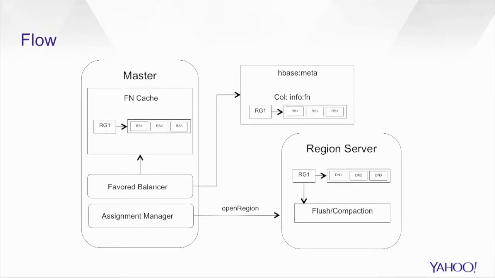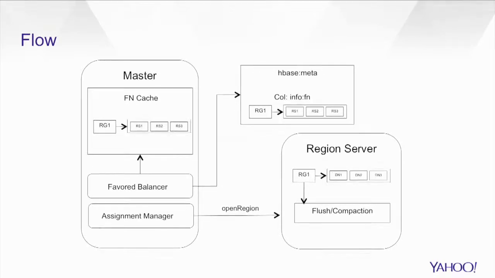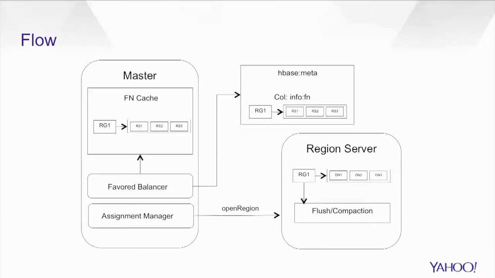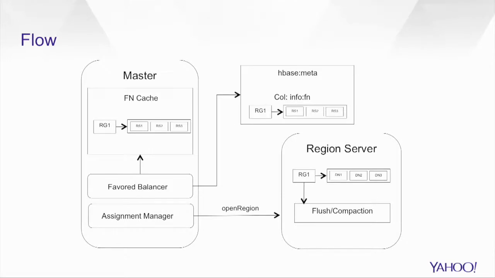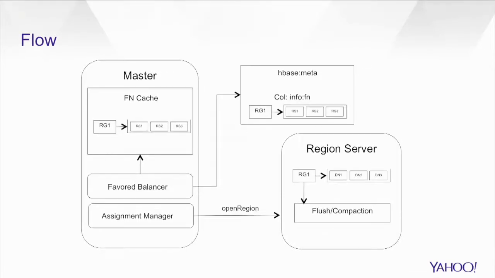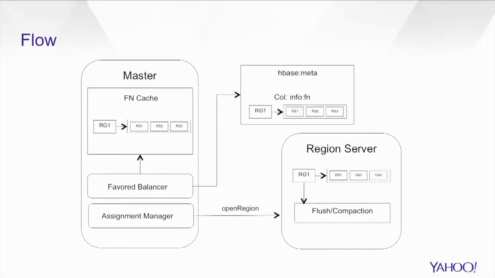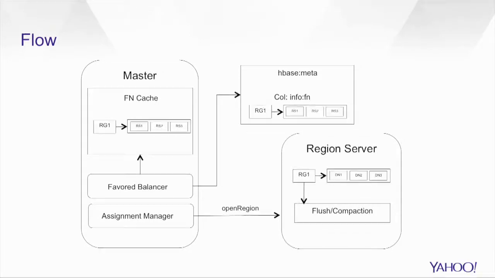When the assignment manager tries to open a region, it sends an open region request to the region server. As part of the request, it says, this is the region I want you to open, and these are the favored nodes for it. The region server gets that mapping and has an in-memory cache where it maps the region to a list of favored nodes.